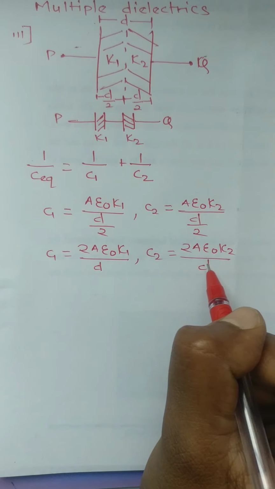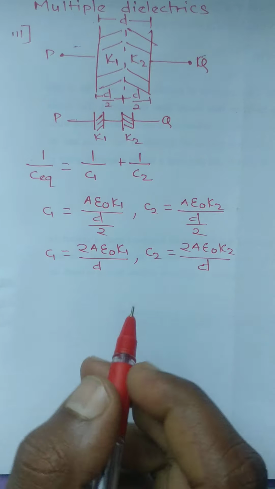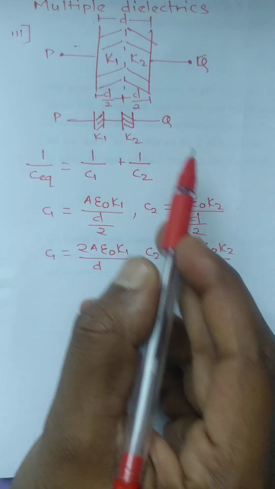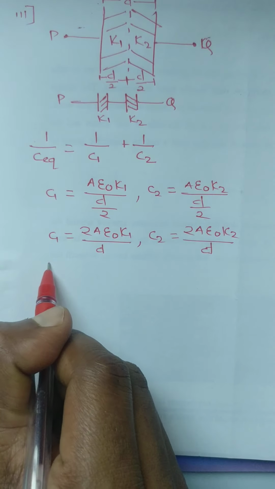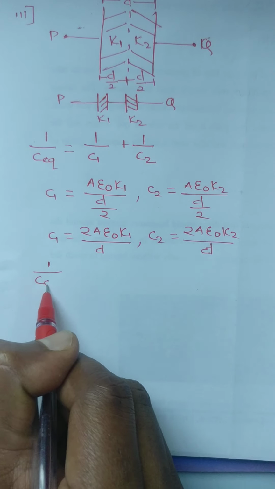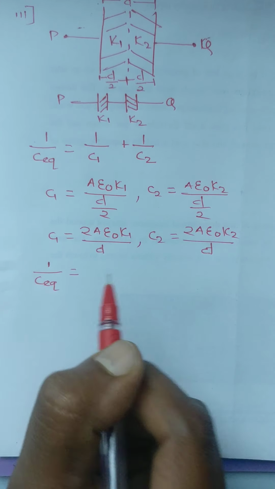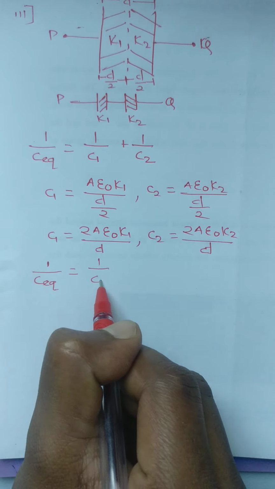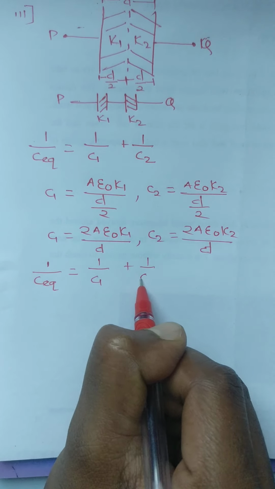Fine. So these are the simple things which we know. Now we find the equivalent capacitance. 1 upon C equivalent is equal to 1 upon C1 plus 1 upon C2.